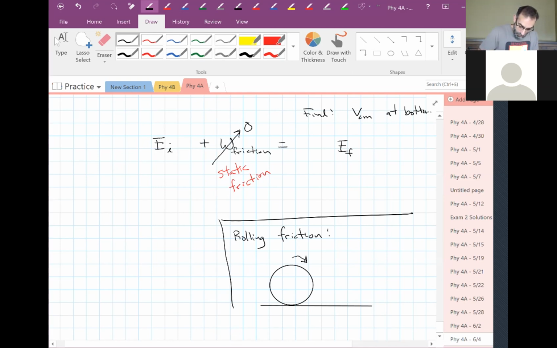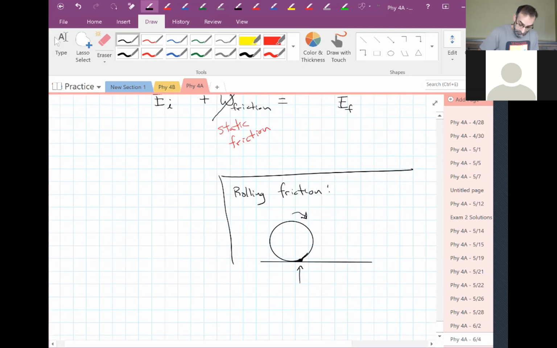And it forms sort of a bump right here. The rubber bunches up a little bit right there. There's a number of ways to think of it. It's almost like your car is always driving over a little bump because it's forming a little bump right in front of the tire itself.